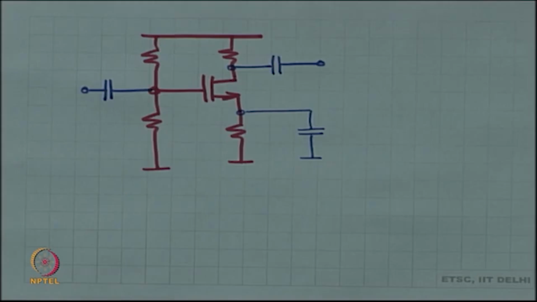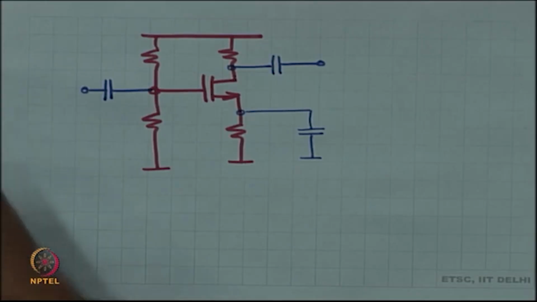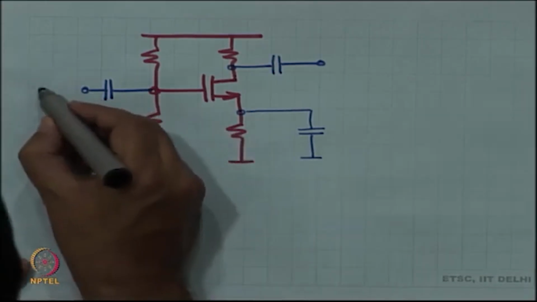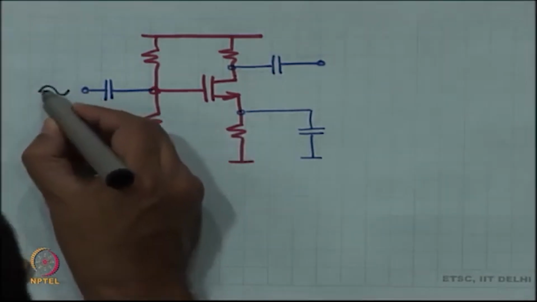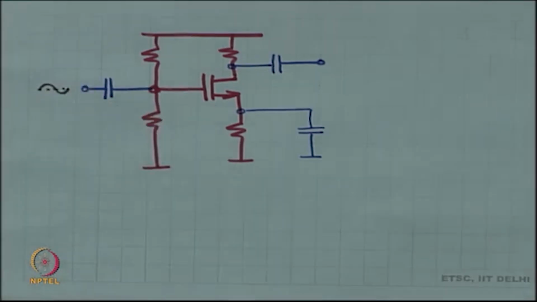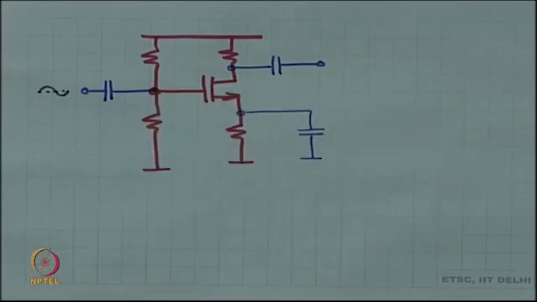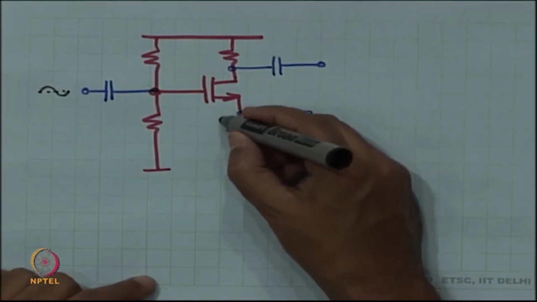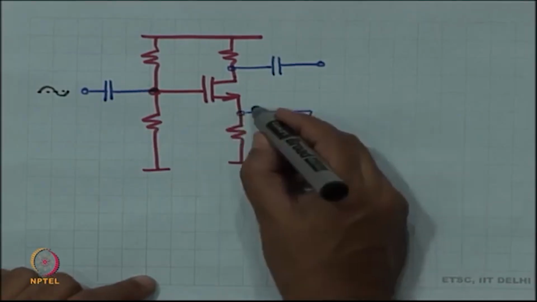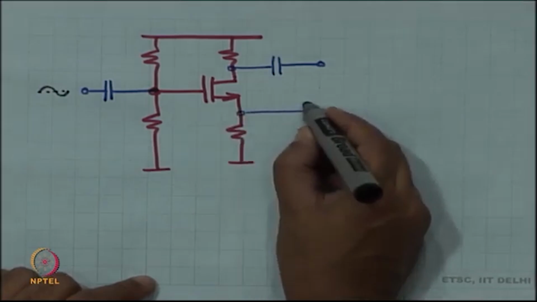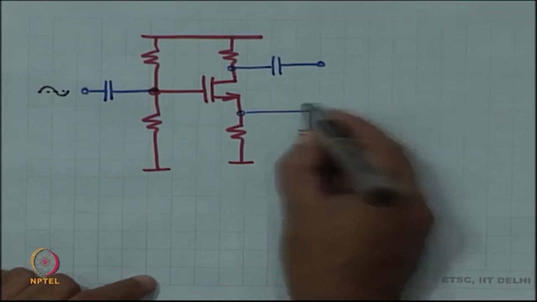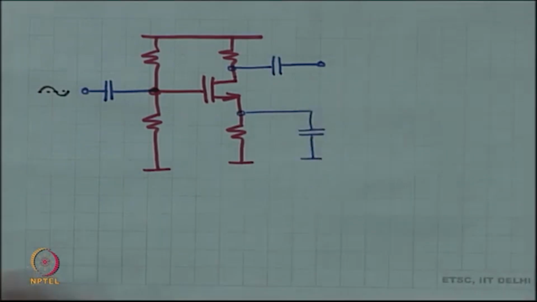Now, the question is, I am going to be changing the voltage over here. Okay. That is going to change the voltage over here. That is going to change the current, right. The DC current is going to still flow through the resistor. The small signal current, or rather the incremental current, is going to come through the capacitor, right. All of this is going to hold true no matter what.